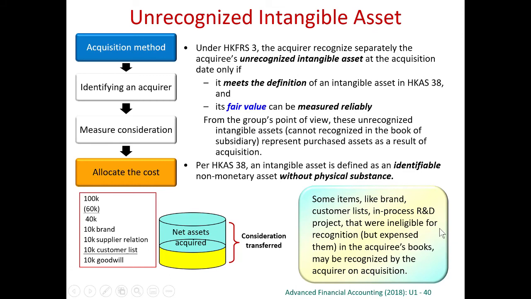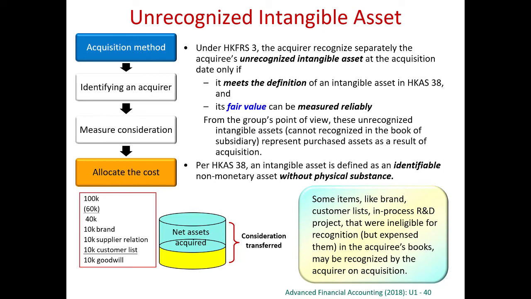And for research and development, if you can still remember how we studied intangible assets, every expenditure on the research phase can never be capitalized. For the development phase, still we have to fulfill all the 6 criteria.